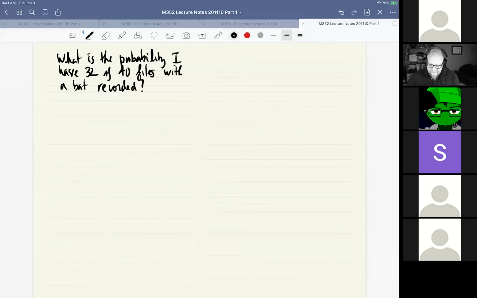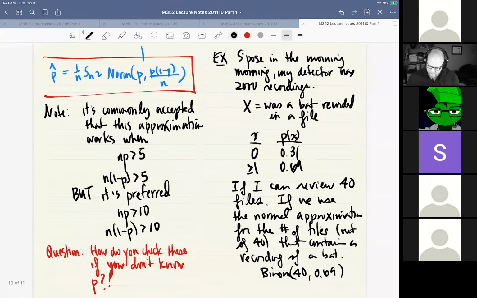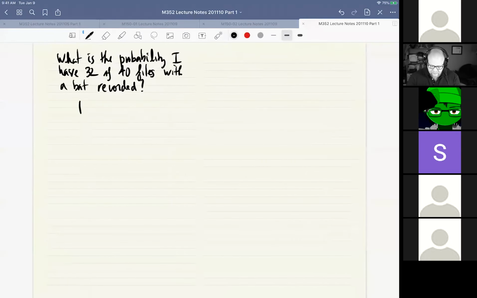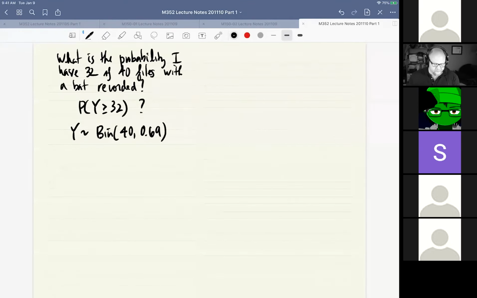So if Y is this binomial distribution, what's the probability that Y is greater than or equal to 32? Y is distributed as a binomial, sample size 40, probability of success 69%.